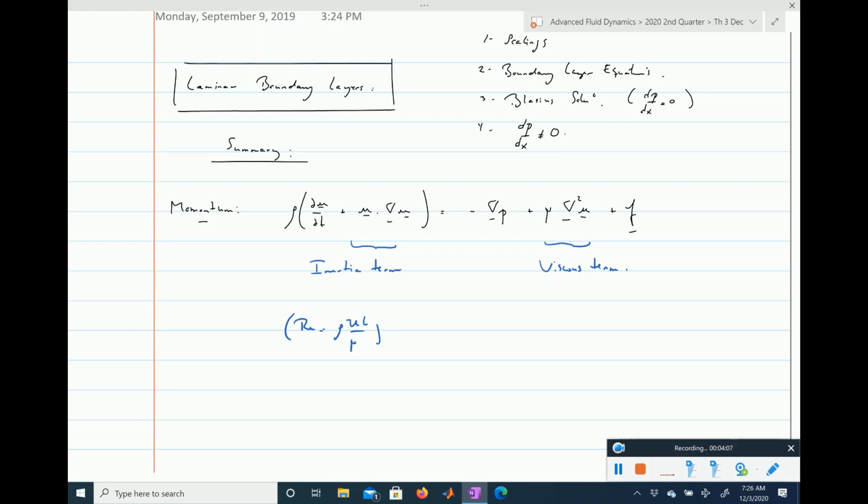And what we did before is to essentially assume that the Reynolds number is very large. And when the Reynolds number is really large, that means that the inertial term is much larger than the viscous term. And when the inertial term is much larger than the viscous term, we cross out the viscous term here, so we assume this viscous term is negligible, then the equations simplify to the Euler equation.